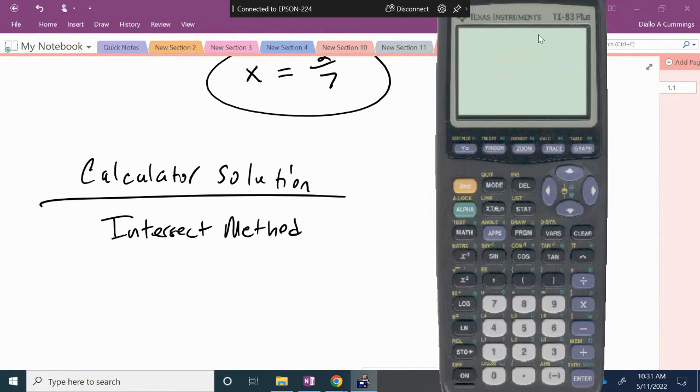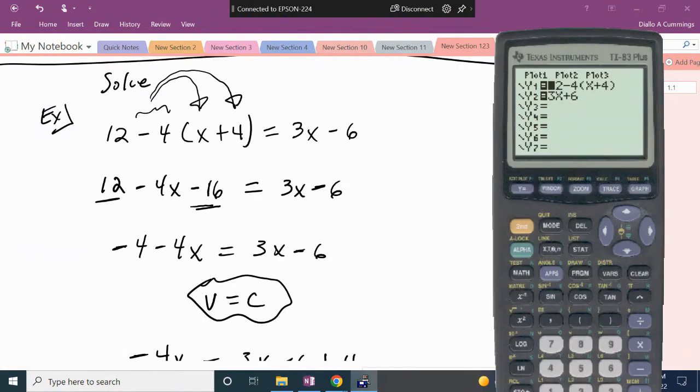First of all, I have to turn it on. I'm going to go into y equals, and I'm going to choose y sub 1. I'm just going to clear out the equation that I have in y sub 1. It should be 3x minus 6.